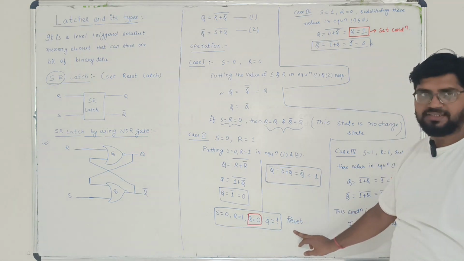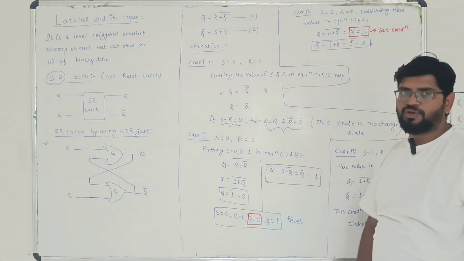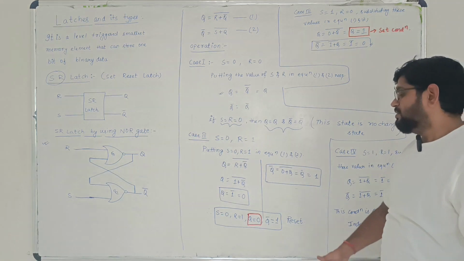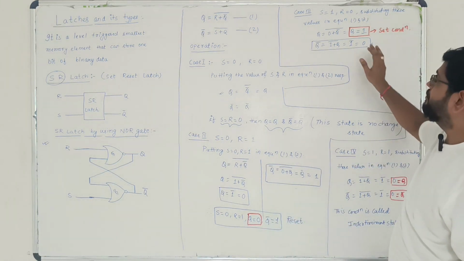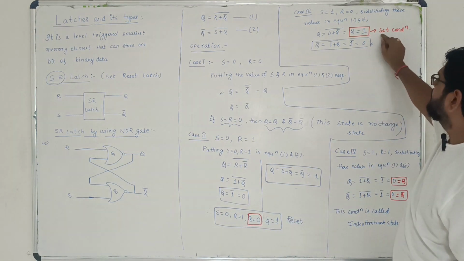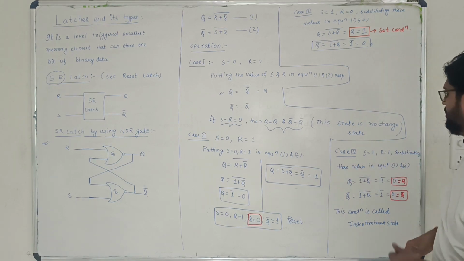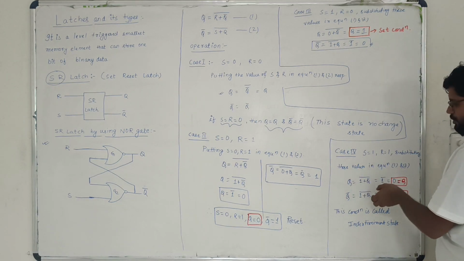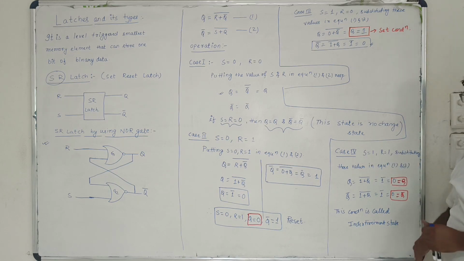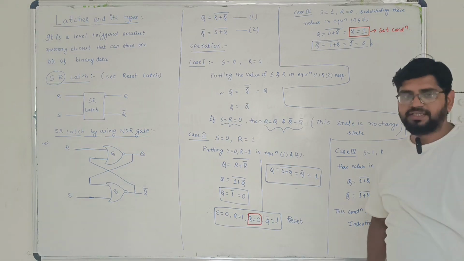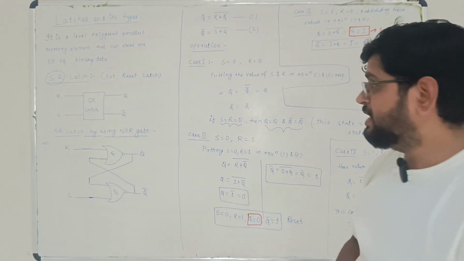That condition is called reset, because the Q value is obtained as 0. Similarly, for case 3, we are getting Q equals to 1. That condition is called set condition. And finally, for case 4, we are getting the value of Q and Q bar both equals to 0, which is not possible, and hence that case is called indeterminate state.